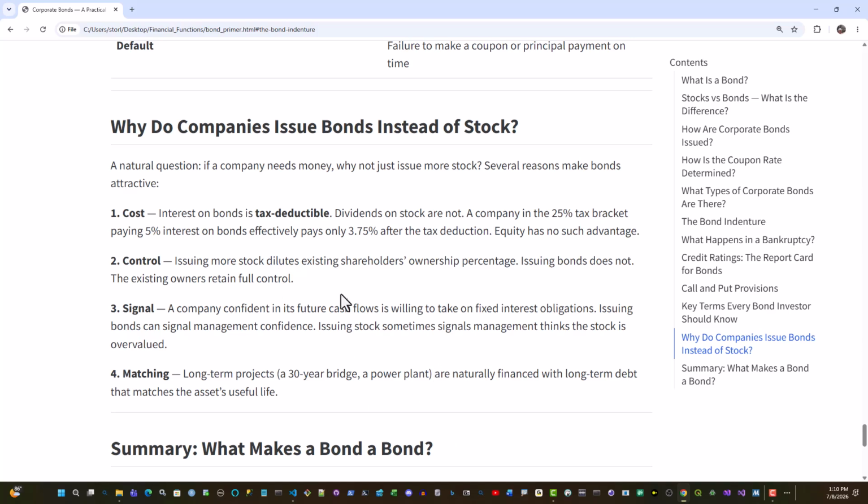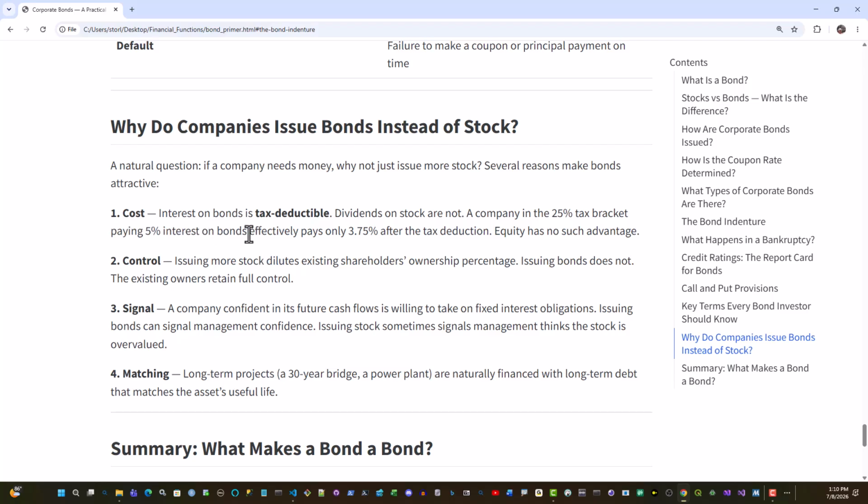And why do companies issue bonds instead of stocks? Well, one thing is the cost. The interest on bonds is tax deductible for the company that sells them, while dividends are not, okay? So let's say a company is in a 25% tax bracket and is paying 5% interest on bonds.